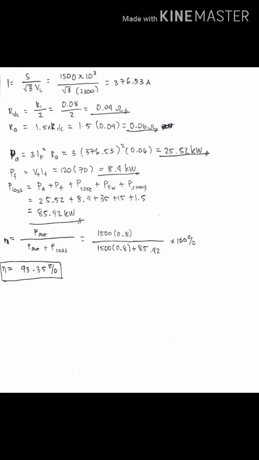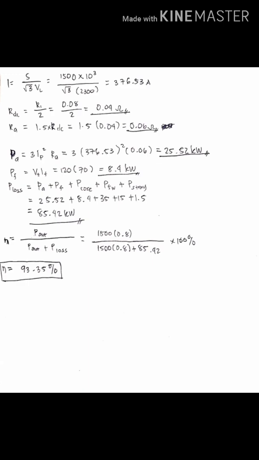So, the solution to number 8: first, find I. I is equal to S over square root of 3 V sub L, so S is 1,500 kVA. 1,500 times 10 to the power of 3 over square root of 3 times 2,300.